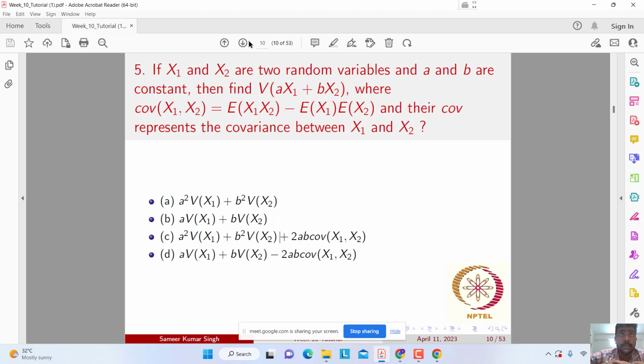Is it clear to everyone? Otherwise you can note all the basic formulas and try the questions.